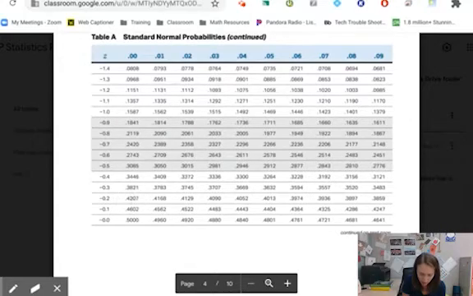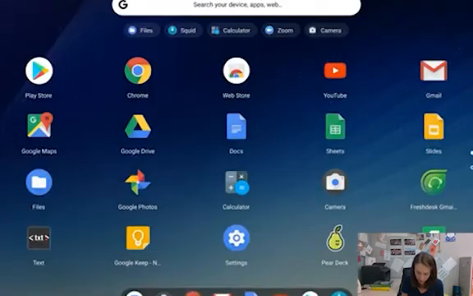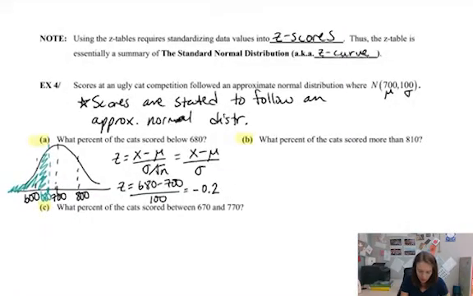I have negative 0.20. So this is going to be the probability, or that area below that value: 0.4207. So this is going to be 0.4207, or approximately 42.07% as our answer.